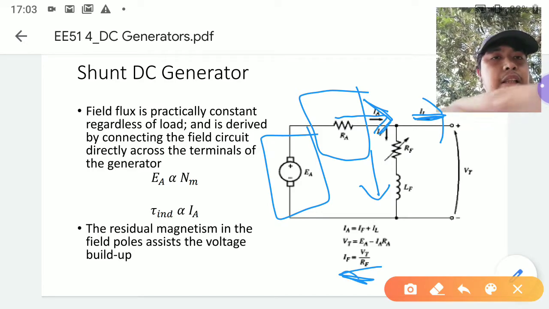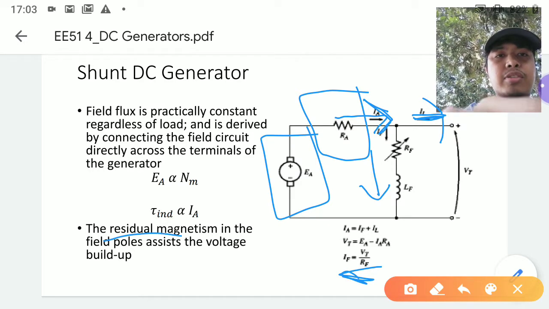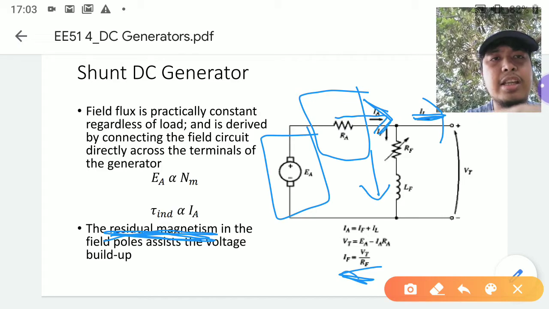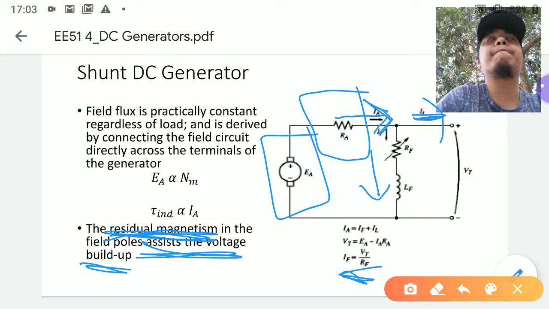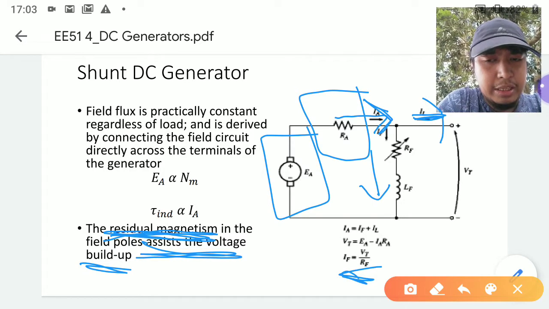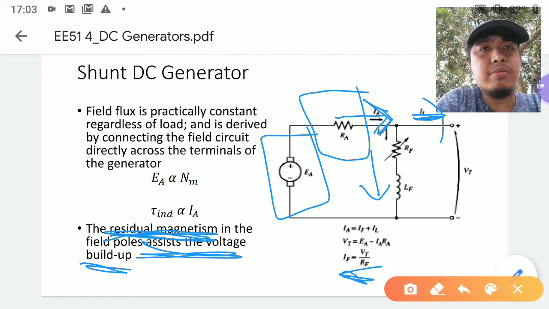So that's why you have this formula. Now, you may want to take note of this residual magnetism, because this residual magnetism assists in the voltage buildup. The simplest explanation for that would be the startup of DC shunt generators.